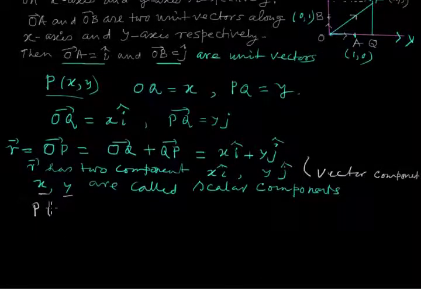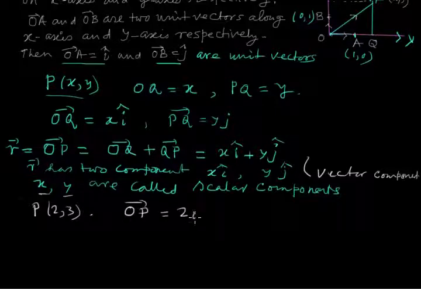Suppose P is 2, 3. So we can define a vector OP as 2i plus 3j.